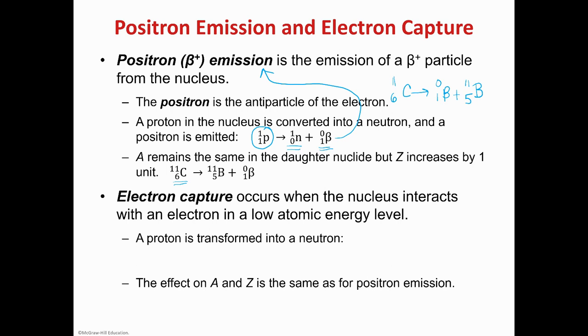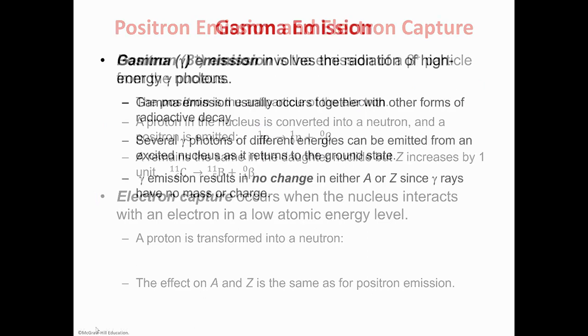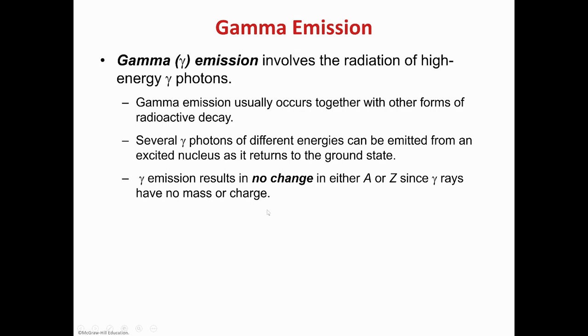So these two radiations, as we'll see in a moment, can occur in a radioisotope together, so that they're both seen for a particular isotope. And gamma emission, as I said, occurs together with other forms of radioactive decay. It's just this high energy photon that's emitted.